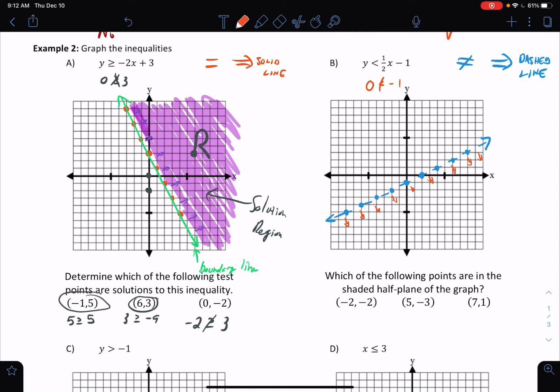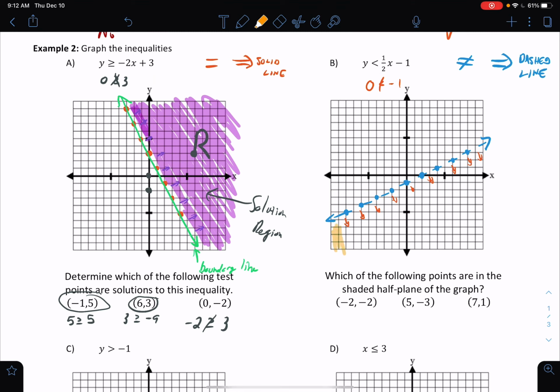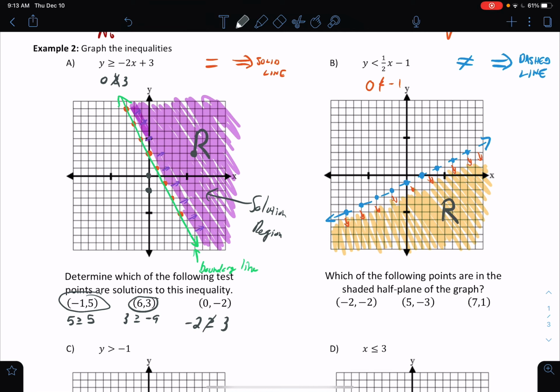So I don't want to shade the region that has 0, 0. I want to shade away from that. So I'm shading below. I'm just going to shade there, and this represents my solution region. Anything in that region is going to work.